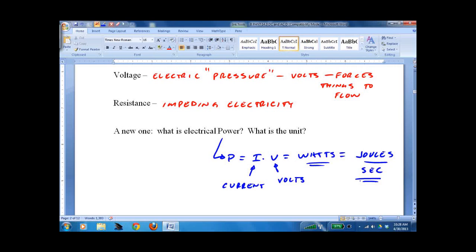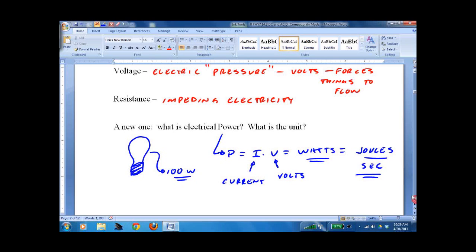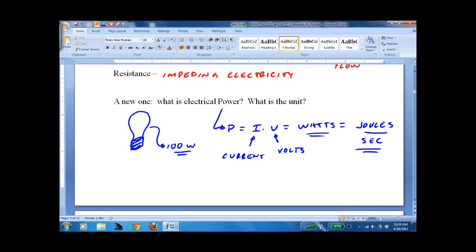So we actually use this typically because we have our old light bulbs with the curly Q, and they're measured in watts. It's a 100-watt light bulb. It means it uses 100 joules of energy every second.